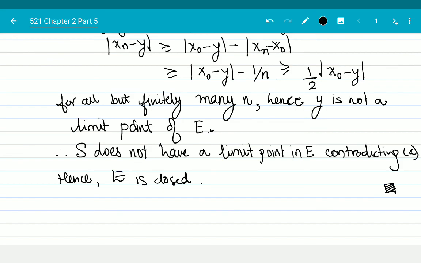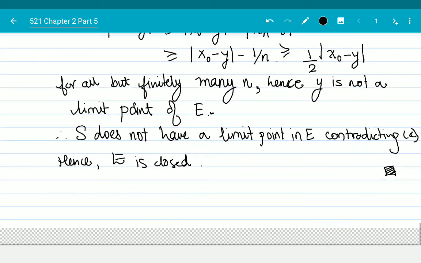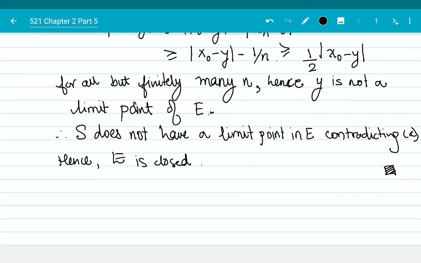Now, A implies B is true only for metric spaces. In general, this is not true. B implies C is always true.